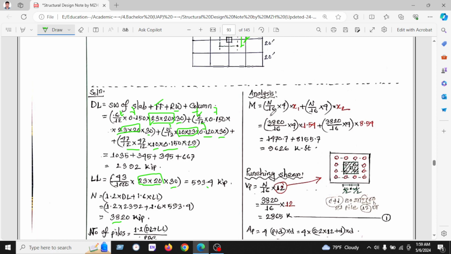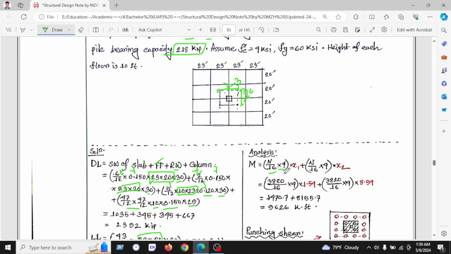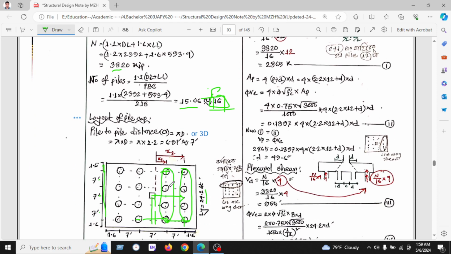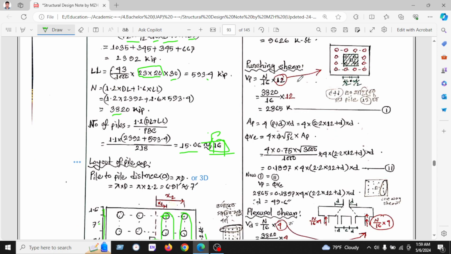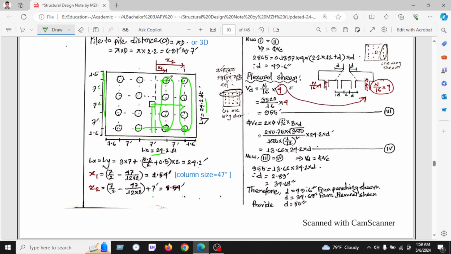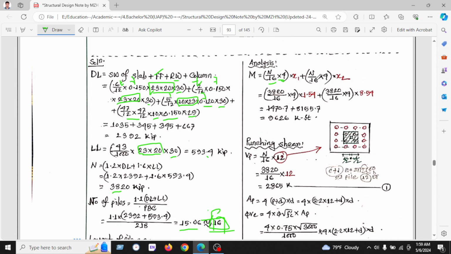So for the moment analysis, here is n divided by the total number of piles. We have found 16. The total number of piles is 16, and 4 is the number in the first row of the piles, 1, 2, 3, 4, and x1 is the distance of the first row of piles from the column face. In the same way for the second row, n divided by total piles.